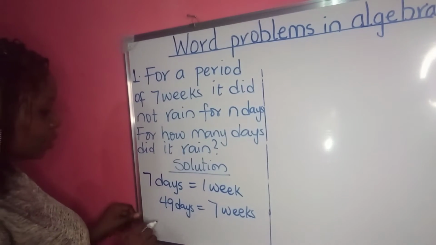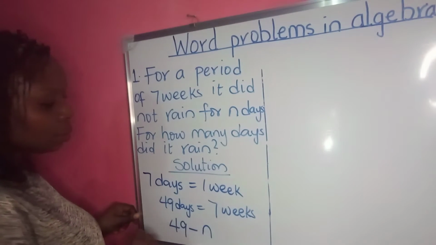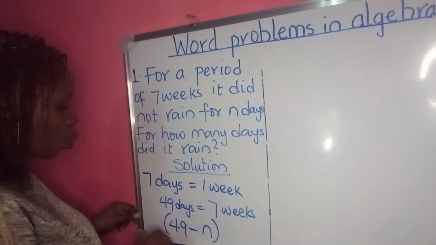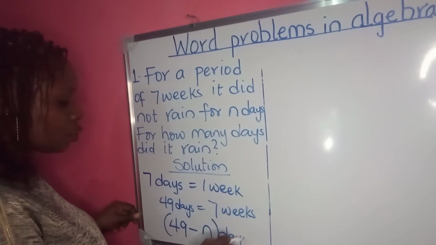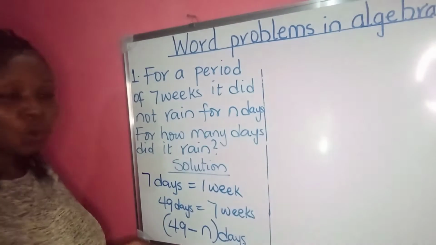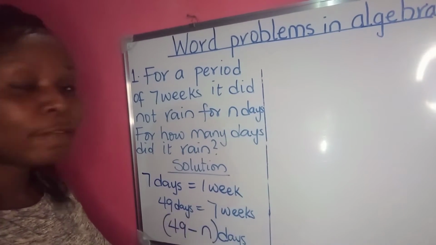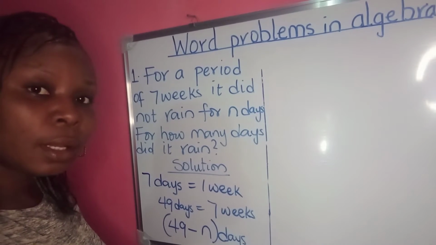And this is simply 49 minus n days. Whatever n means, we don't know. There's nothing else you can do with the information you're given except this. Simple, right?